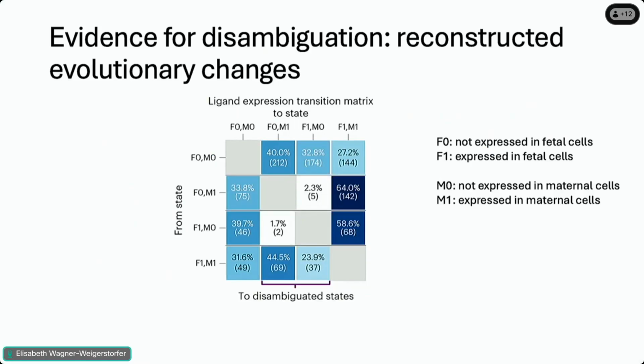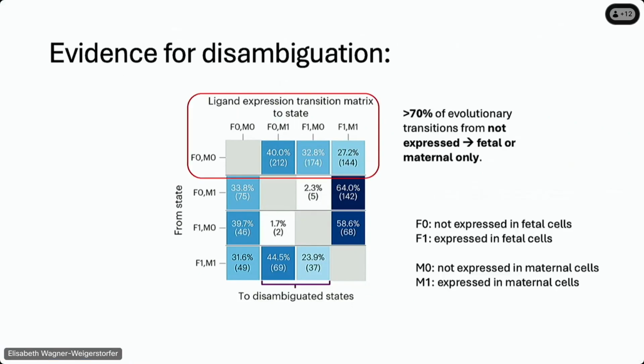And you can see that the majority of the transitions from not expressed at all are to disambiguated states. So 70% are either in the mother or the fetus, but not both, and in less than 30% of the cases it evolves to an ambiguous situation.